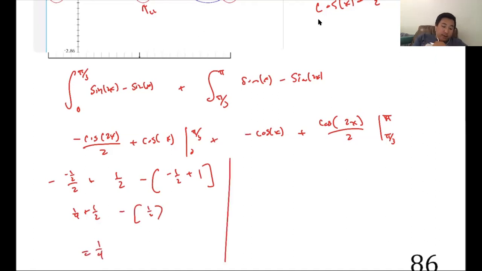This one over here, negative cosine of pi, that's negative 1 plus, so 2 pi is 1 over 2 plus minus pi over 3 negative 1/2 plus negative 1/2 over 2.